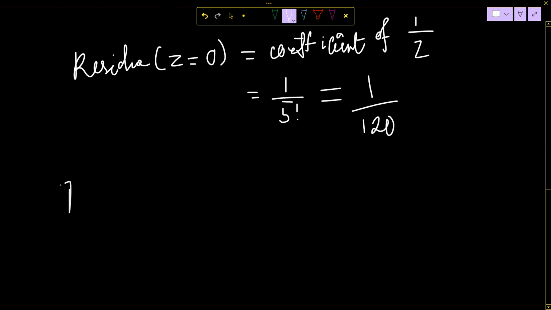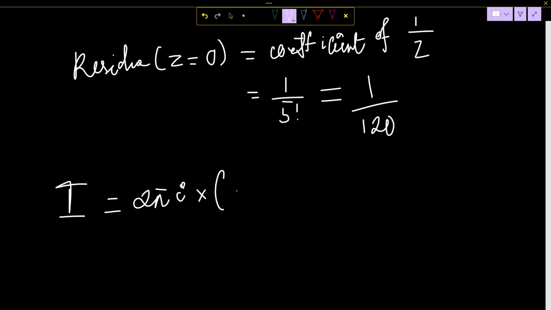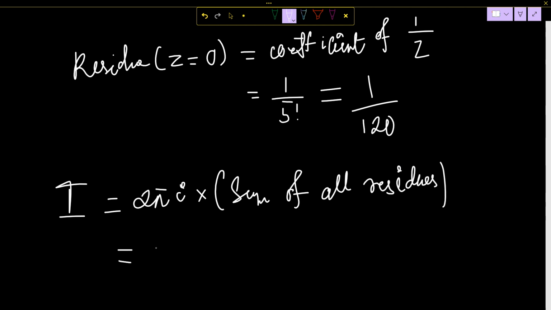What is the integral? The integral is 2 pi i into the sum of all residues. So 2 pi i into 1 divided by 120.